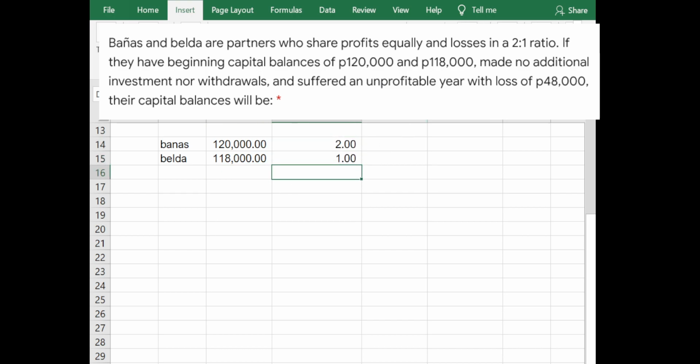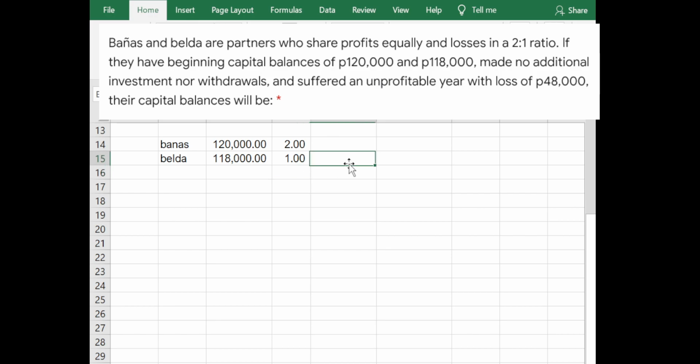That is the ratio. So it means that for Banyas, that is 2/3, and for Belda is 1/3. Why 1/3? Because the total of 1 and 2 is 3, so 2/3 and 1/3.